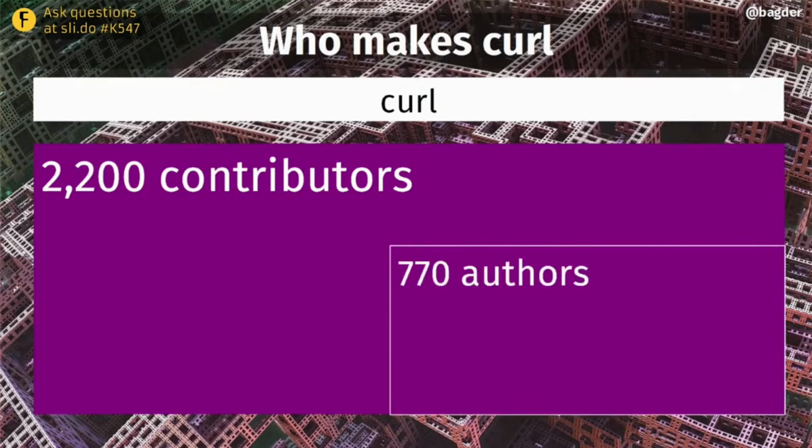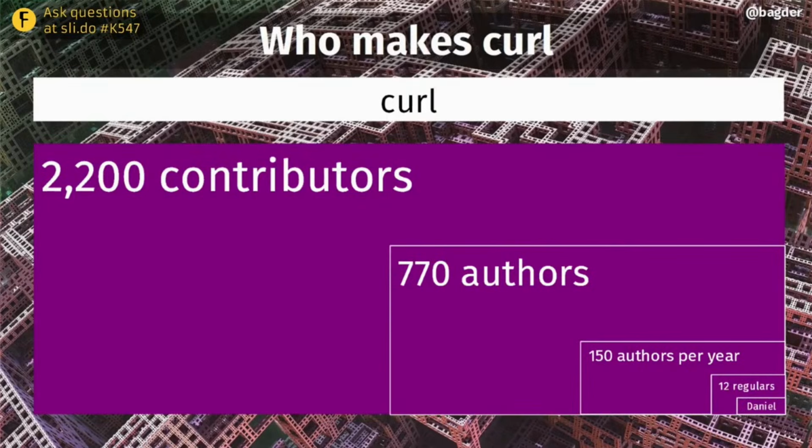And we're about 770 authors who've written code merged into the Git repository. About 150 of these authors write something per year, and about 12 people do 10 commits or more per year, and that's basically me doing that every year for the 22 years now. So a lot of people involved.